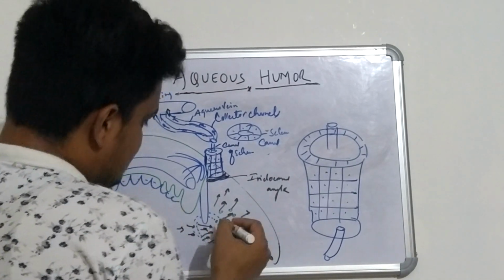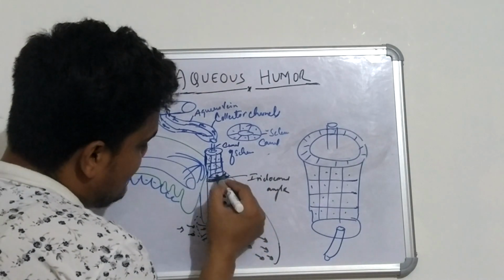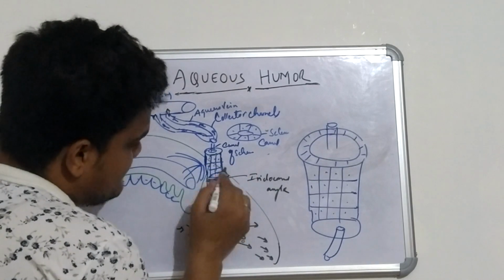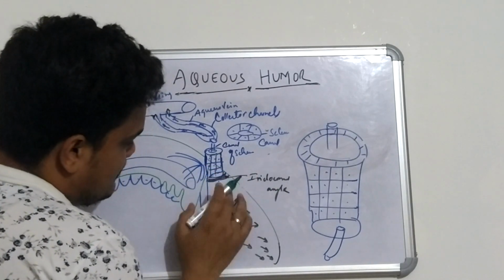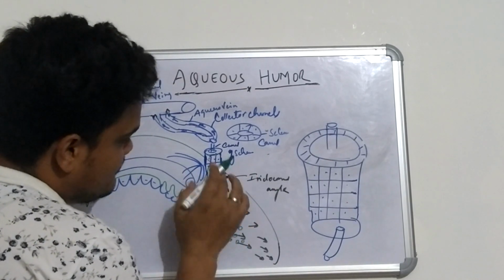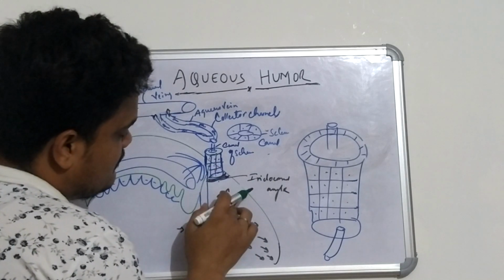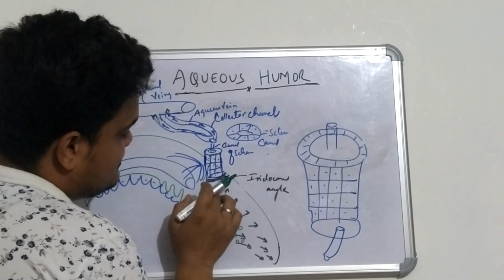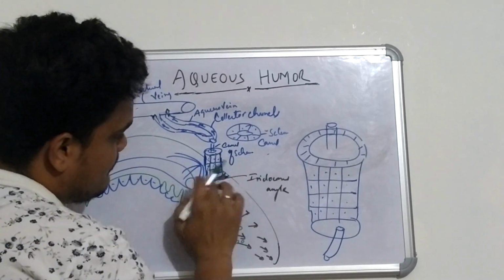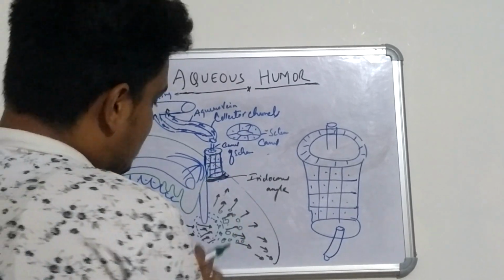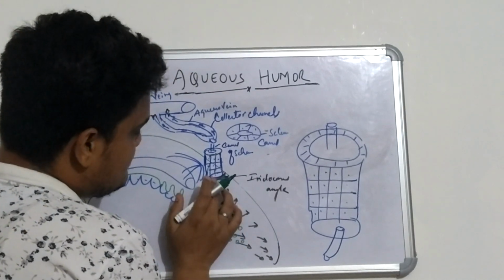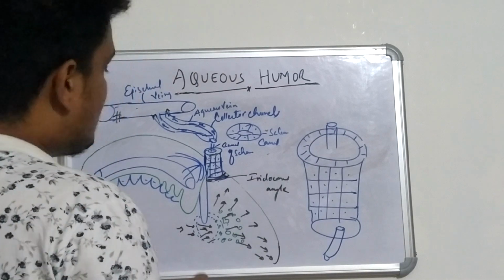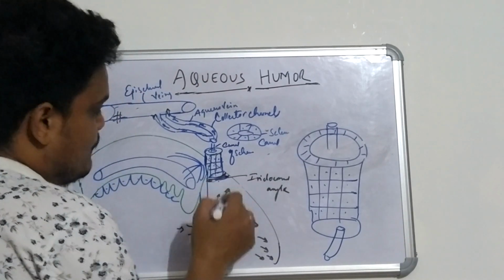So when this aqueous humor passes through the trabecular meshwork, there will be a disturbance, there will be a blockage, and there is a chance of incomplete drainage of the aqueous because of the trabecular meshwork. The cell debris will get stuck here and that will lead to obstruction in the flow.